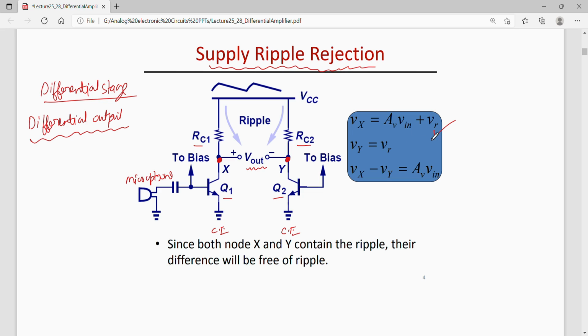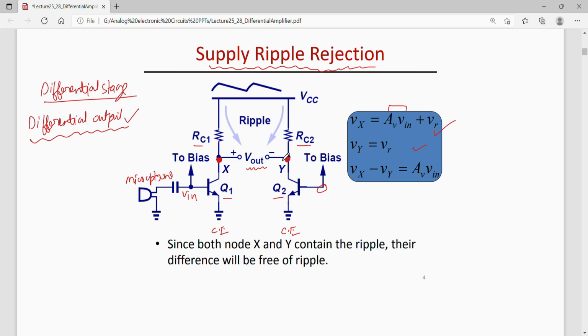One can write Vx at the collector of Q1 is equal to the amplified version of the input signal, so the input signal is V in multiplied by the gain of this stage, plus the ripple. Similarly, the output of collector 2, that is Vy, will contain a ripple voltage Vr, since we have not connected any small signal or microphone signal here, so the output will only contain the ripple.